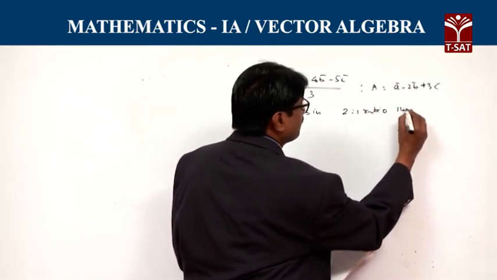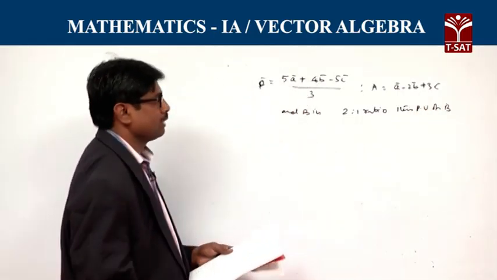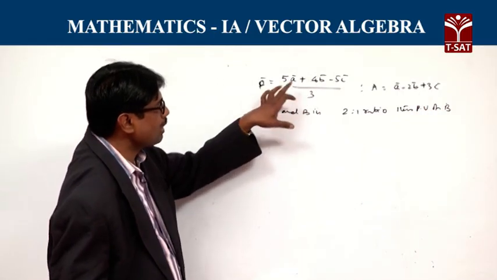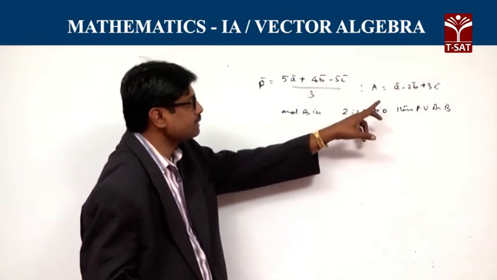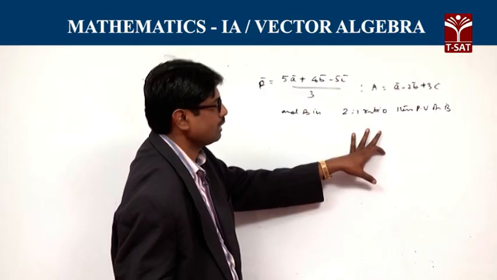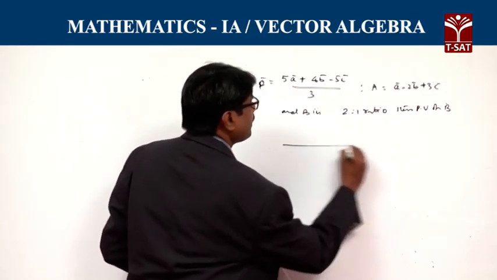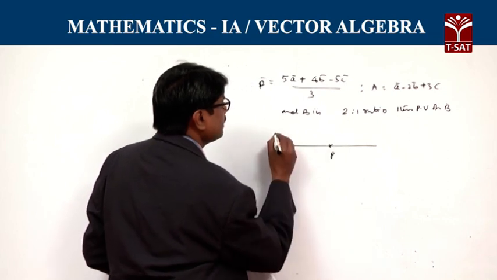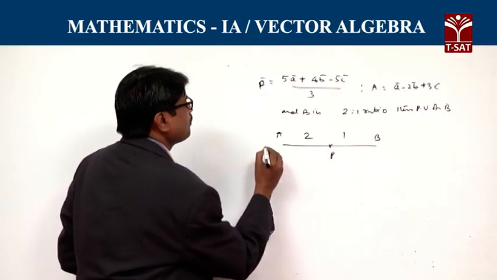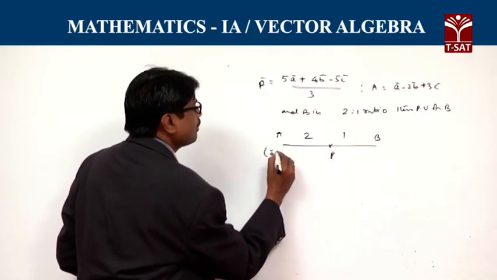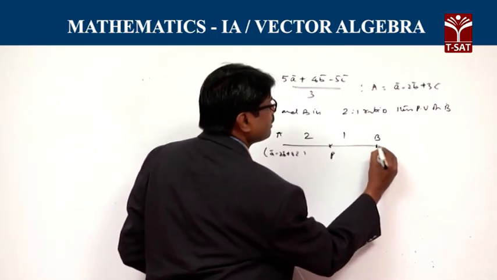A point P, with position vector A bar plus 4B bar minus 5C bar by 3, divides AB in the ratio of 2:1, and the position of A is A bar minus 2B bar plus 3C bar. Then find the position vector of B.